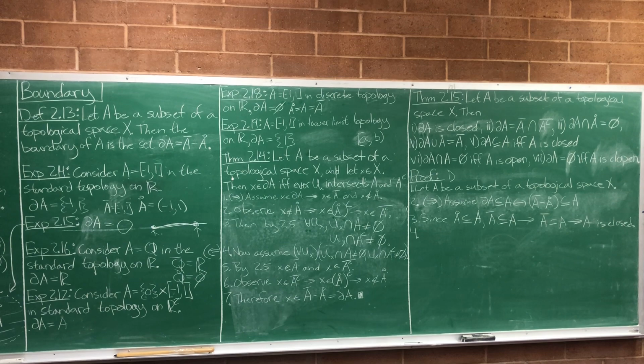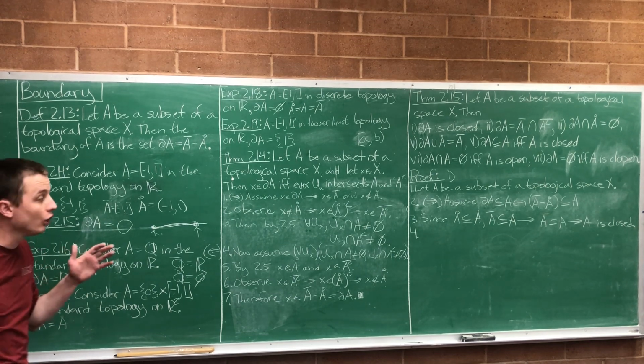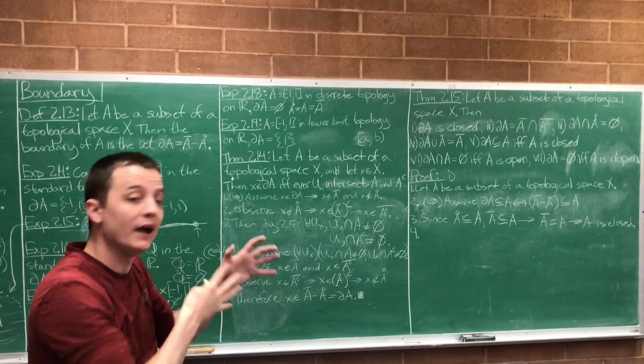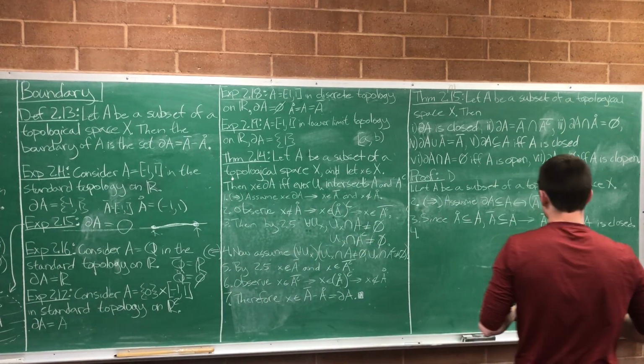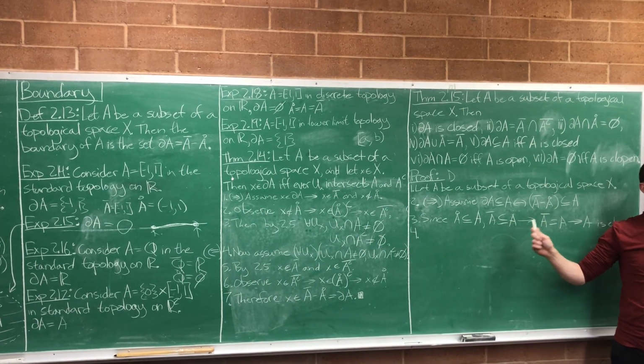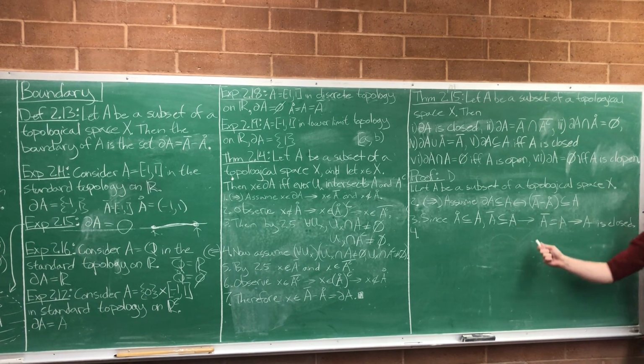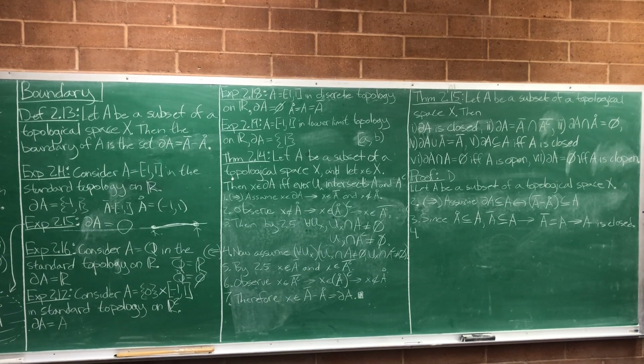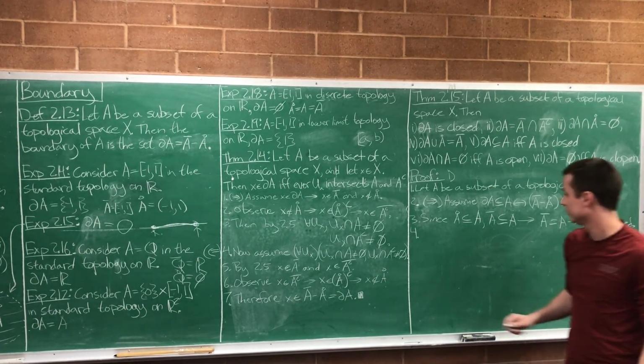The closure is the intersection of all closed sets containing A. So A is always in there. So here we showed that the closure is a subset of A. We know already, based off the definition, that A is always a subset of the closure, therefore they're equal. Make sense? And so then we got A is closed. Now let's do it the other way.